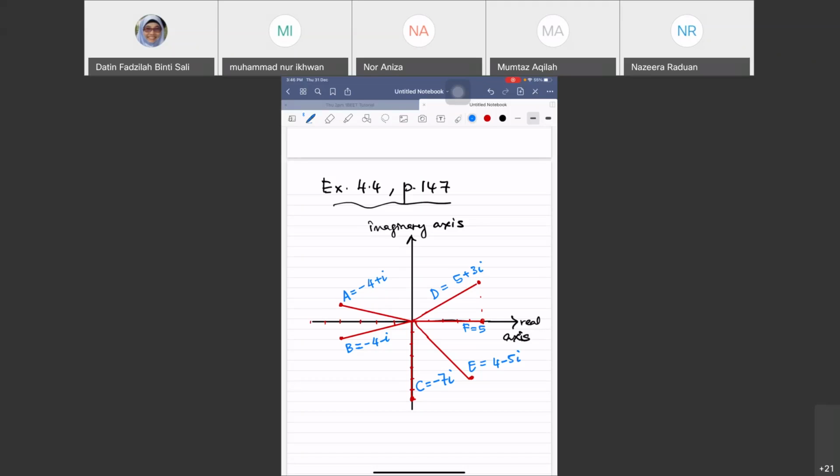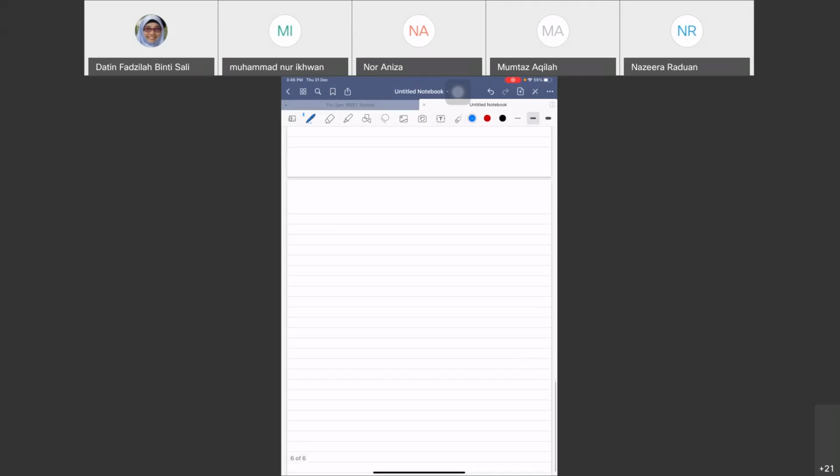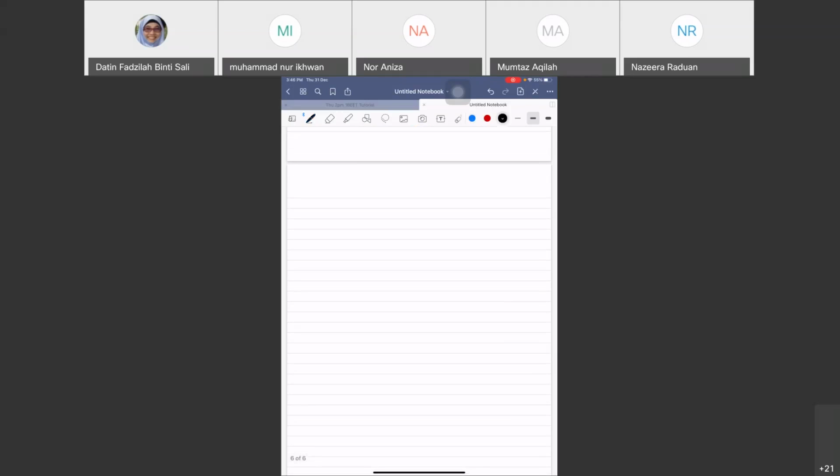Can you look now at exercise 4.5? Maybe this is the last one for today. Can you try questions 2 and 3 first?